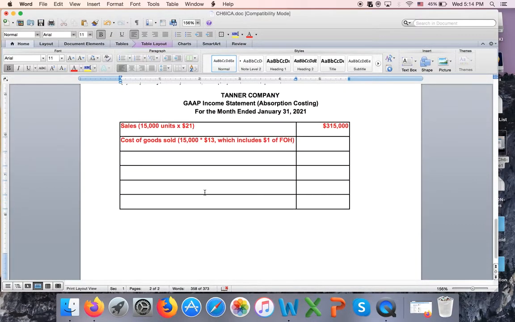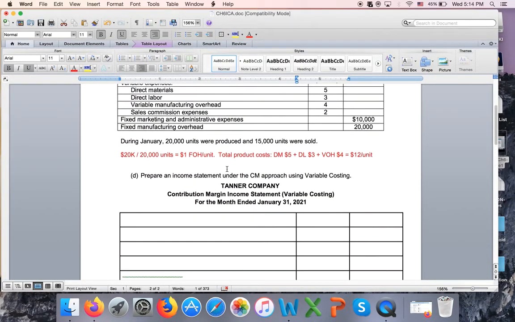So right here, guys, I'm going to sell 15,000 units and I am multiplying it by $13. So even though my fixed overhead is $20,000, I'm only expensing out $15,000 of the fixed overhead because I sold only 15,000 units.